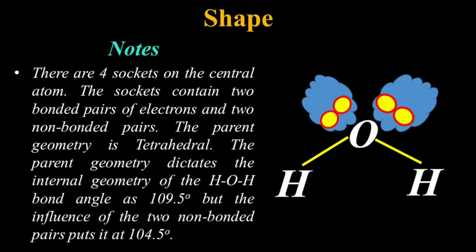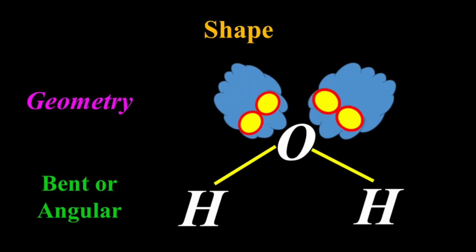The parent geometry is tetrahedral. The parent geometry dictates the internal geometry of the HOH bond angle to be 109.5, but the influence of the 2 non-bonded pairs puts it at 104.5 around. And therefore it's going to be bent or angular geometry.